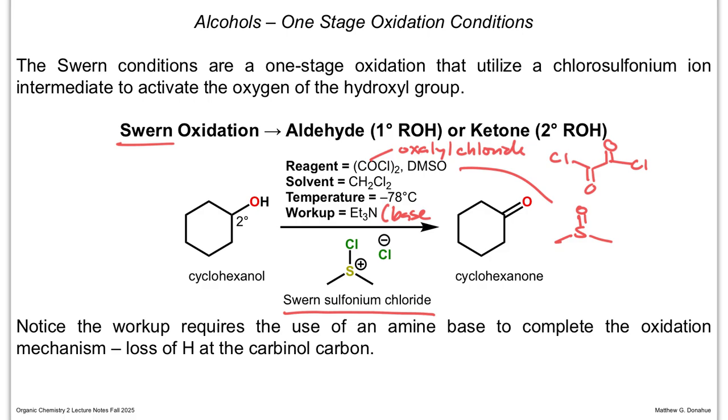Because we're starting with a secondary alcohol at oxidation state 1, we can only go up to 2, and that's how we end up with a ketone. Any questions?